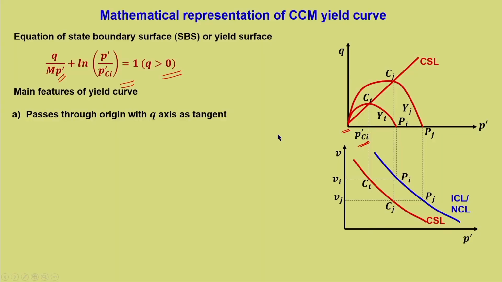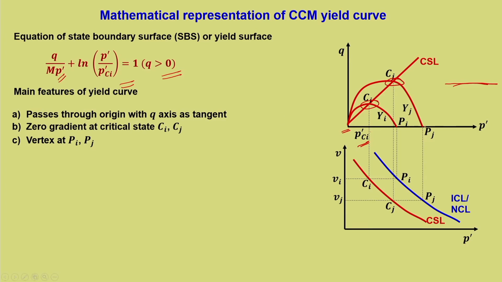So, it passes through the origin with the q axis as tangent. Zero gradient at critical state. Now, at these particular locations Ci and Cj, what it means is that there is a zero gradient. If I draw a tangent at the topmost portion, it is horizontal. So, it is zero gradient at critical states at these points Ci and Cj.